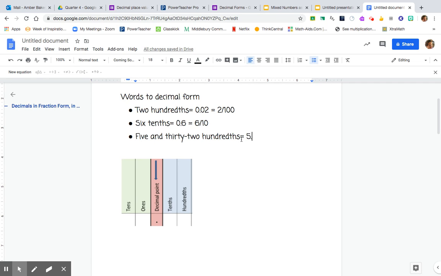And then I read my decimal part or my fractional part, 32 hundredths. So I just write the number I say, 32. So this decimal, you read it as 5 and 32 hundredths. This tells me it's a mixed number. So I have 5, and then I'm going to have 32/100. So this would be a mixed number.